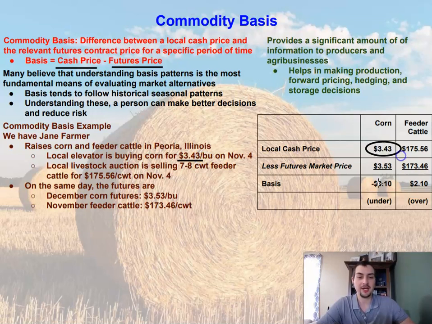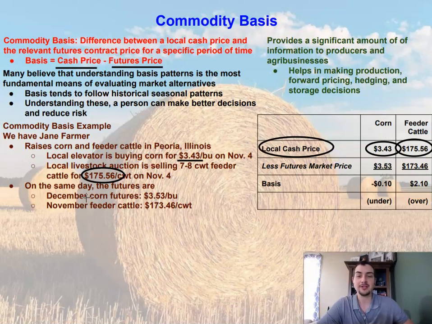Now, the local auction barn is selling 7 to 8 weight feeder cattle for $175.56 per hundredweight. So here we have the cash price for the feeder cattle as well.